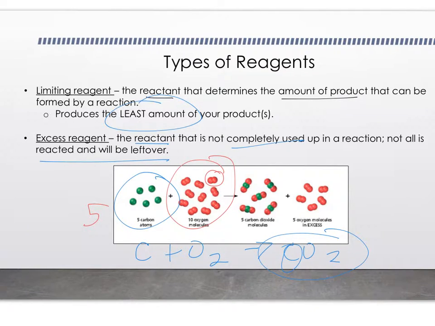Potentially, each one can produce a carbon dioxide molecule because you have to have 2 oxygens. So potentially this reactant could produce 10 carbon dioxides, but what limits us in this reaction is the carbon because there's only 5 and you have to have carbon to make carbon dioxide. So your carbon would be the limiting reagent while your oxygen would be the excess reagent because you have lots of this left over.